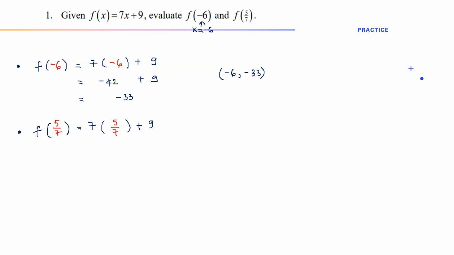Now simplify it. That 7 with this 7 cancels out. It's 1 times 5 is 5, plus 9, that equals 14. And the point will be 5 over 7 for the x value, and the y value is 14.